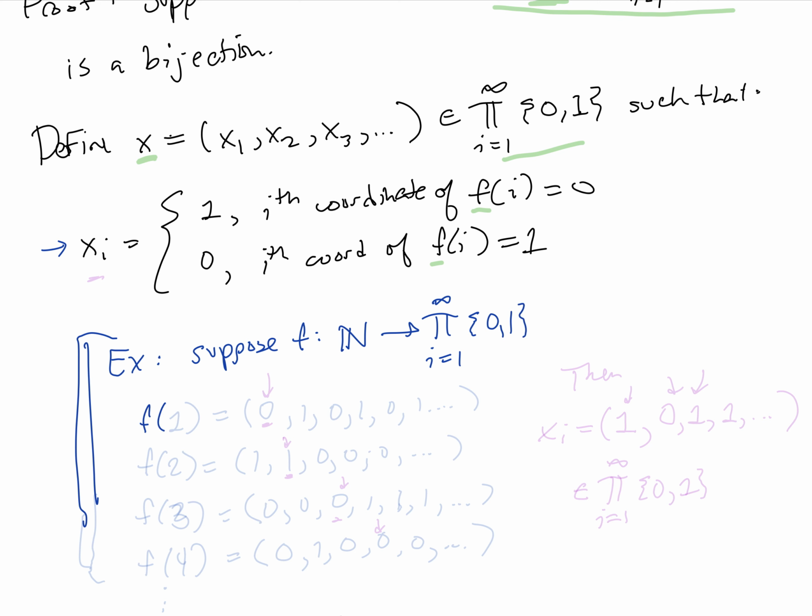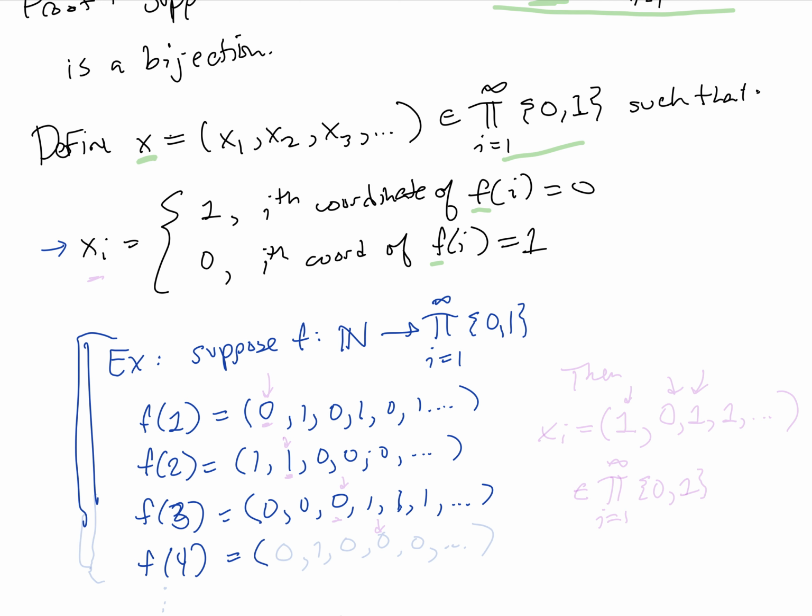Let's suppose that f(1) was equal to, let's just say, 0, 1, 0, 1, 0, 1, dot, dot, dot, forever, of course. f(2), let's say, is equal to 1, 1, 0, 0, 0, and so on. f(3) is equal to 0, 0, 0, 1, 1, 1, and so on. And f(4) is equal to 0, 1, 0, 0, 0, and so on. Okay, so that's enough to tell us at least the start of what x would look like.